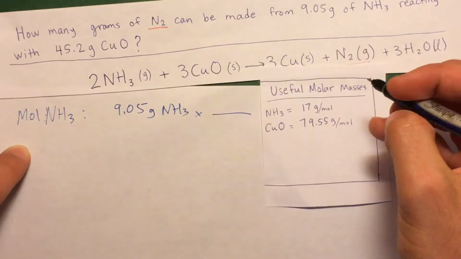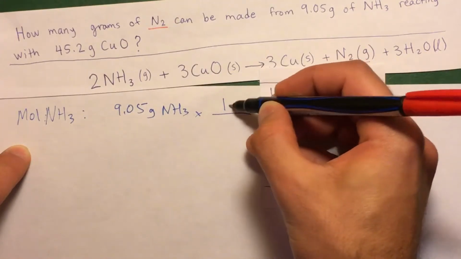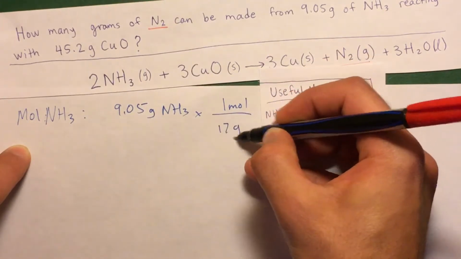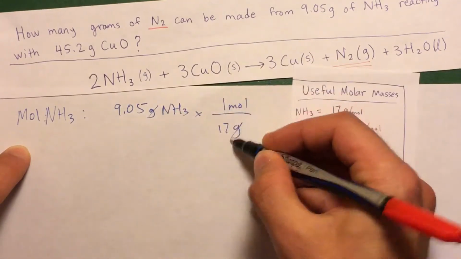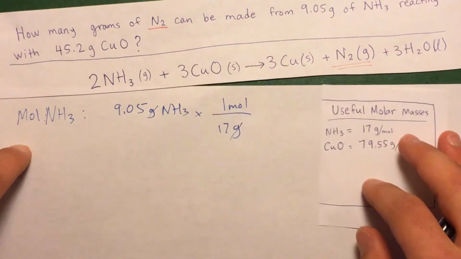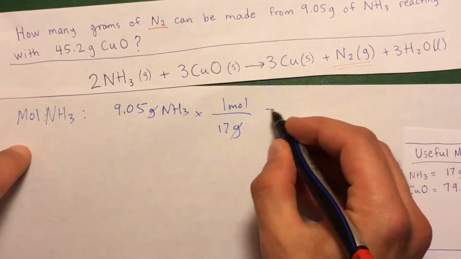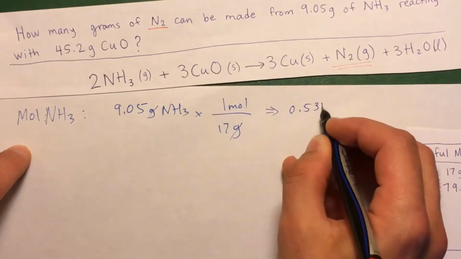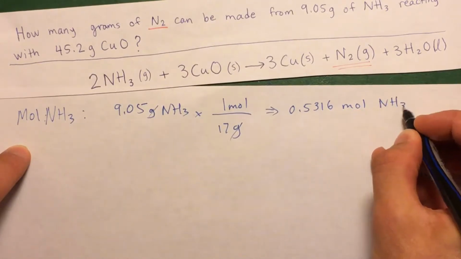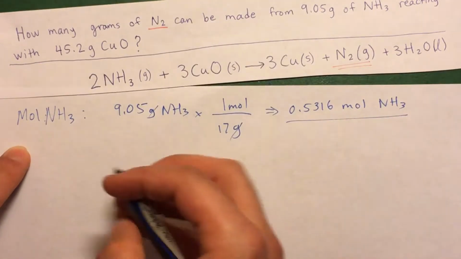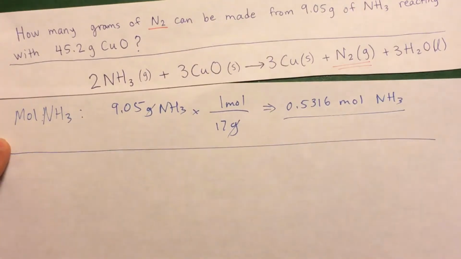So you have 1 mole on the top and 17 grams on the bottom, because your goal is to cancel out the grams and be left with moles. Once you punch that into the calculator, you should get 0.5316 moles of NH3.